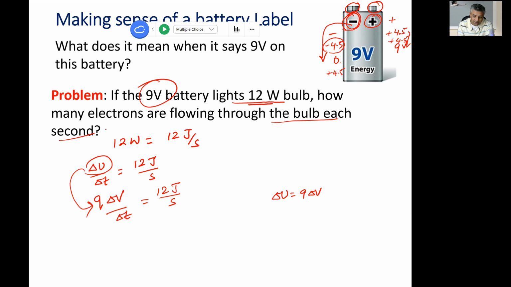Since we are talking about per second, we can replace this by 1 second. And delta V, the potential difference, is 9 volt. So Q times 9 volt divided by 1 second is equal to 12 joule.